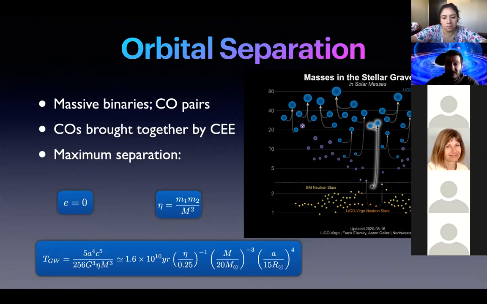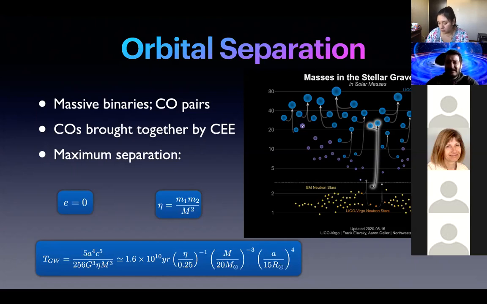In fact, most of the short GRBs that we see are much closer. They're not cosmological, like long GRBs. So you would need even closer stars or orbits in order to produce these things.